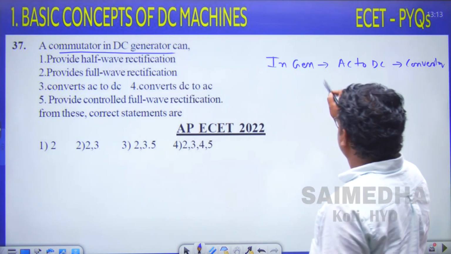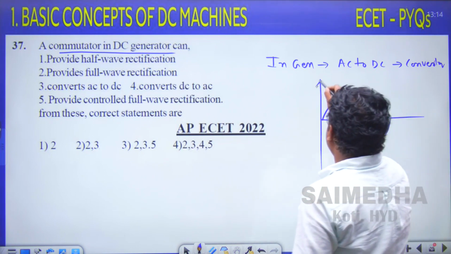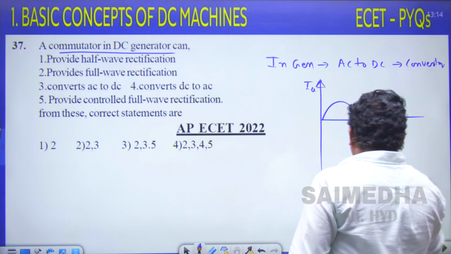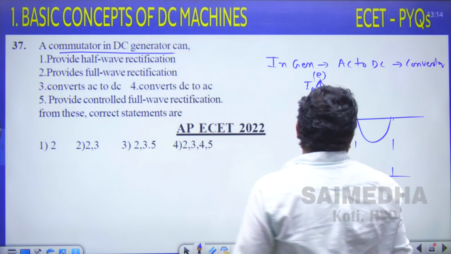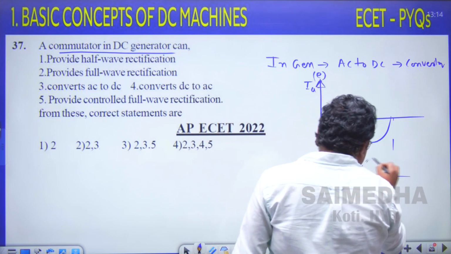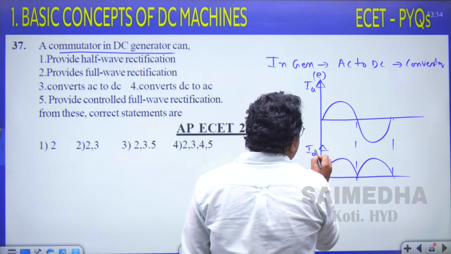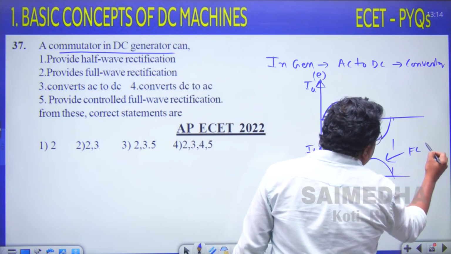Now suppose the current in the armature is sinusoidal, and this could be current or voltage. This is the output voltage or output current, the current in the load. So this is nothing but full wave rectification.